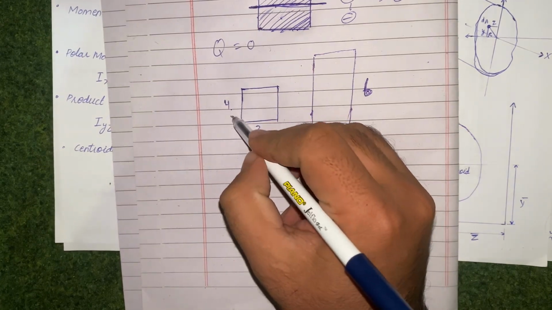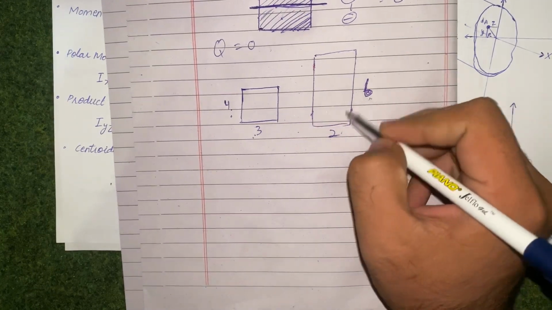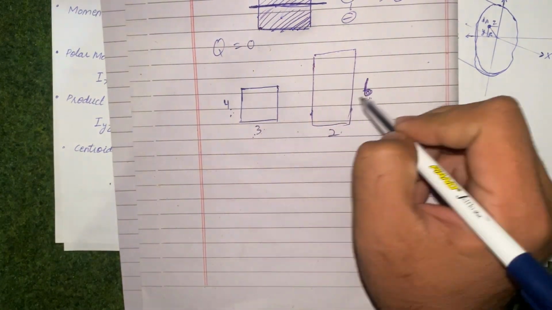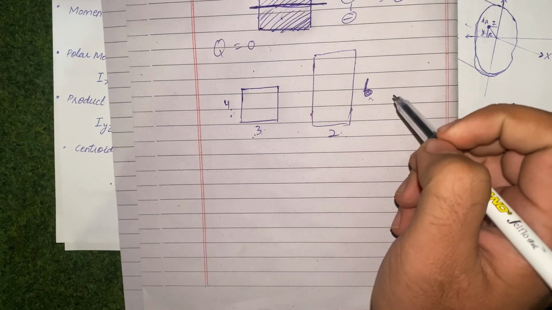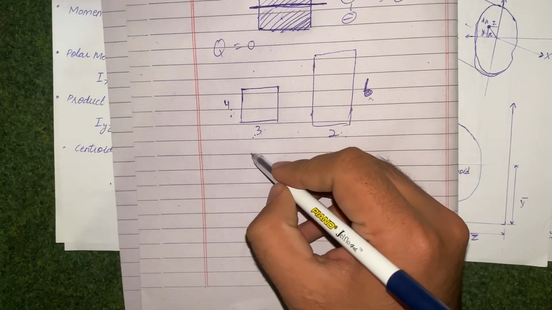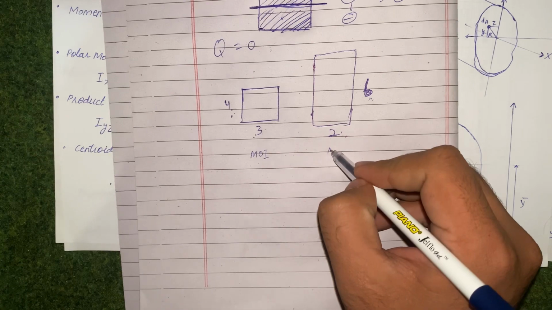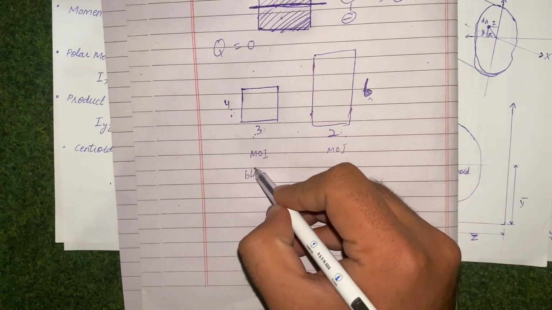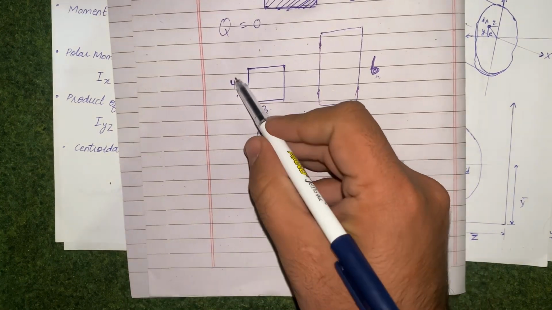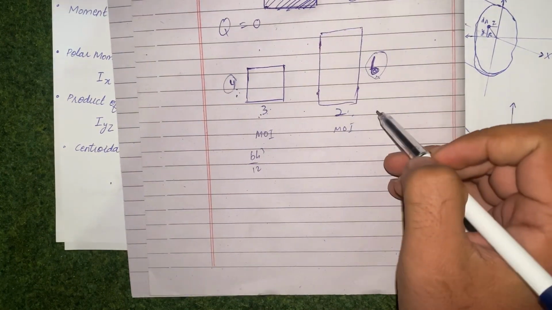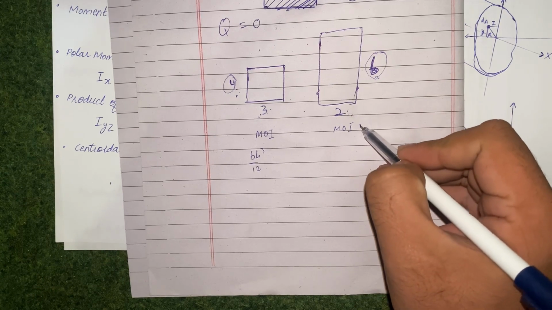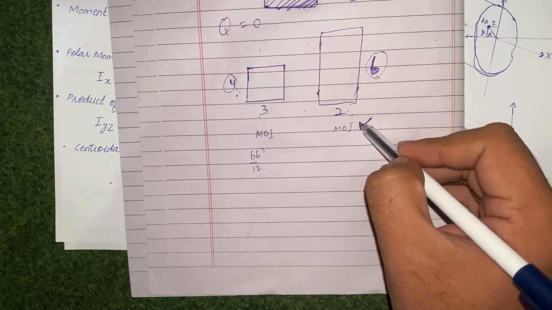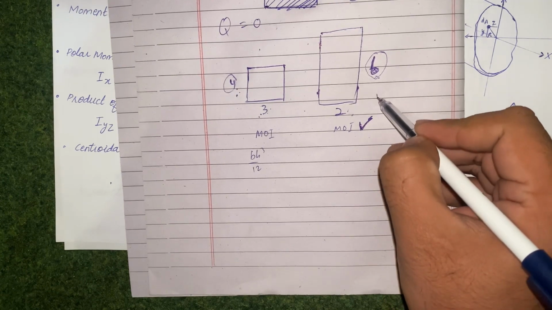This area will be 12 and this area will also be 12, so their axial resistance is the same because the area is the same, but the moment of inertia will be different. Because of the cube component in bh cubed by 12, here the cube component is 4, and here it is 6. The moment of inertia of this section will be greater. In other words, its bending resistance will be more in this case.